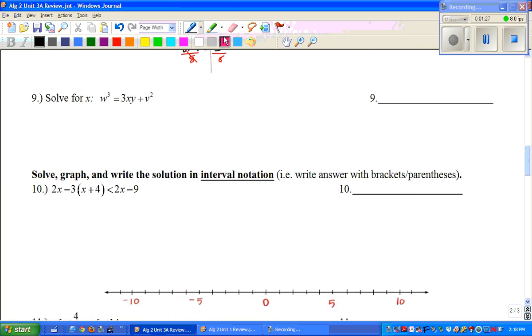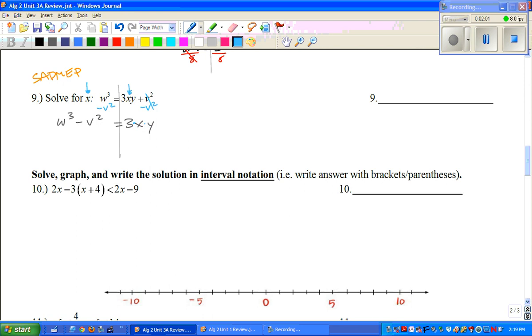Okay, number 9 might look scary, but it's asking you to solve for x. So I'm going to find x, and then now it's just the rules of SADMA, okay? Subtract the v squared to the other side, and you're left with w cubed minus v squared equals 3xy.